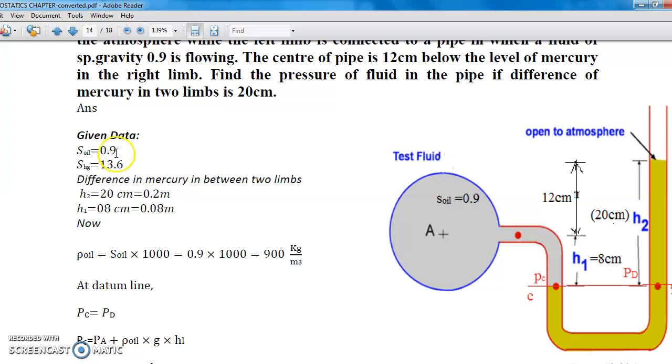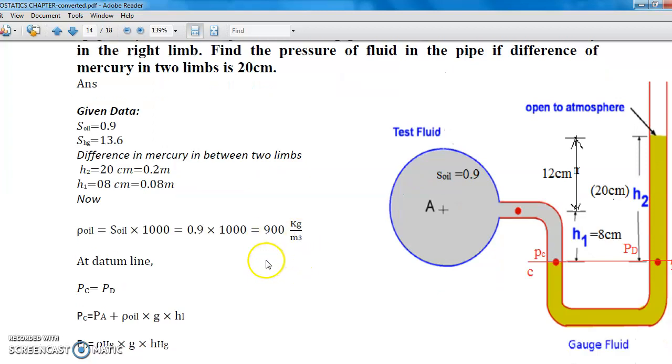So the density of the oil is equal to the specific gravity of the oil into 1000. So what you will get? This is 0.9 into 1000, that is 900 kg per meter cube. This is the density of the oil.